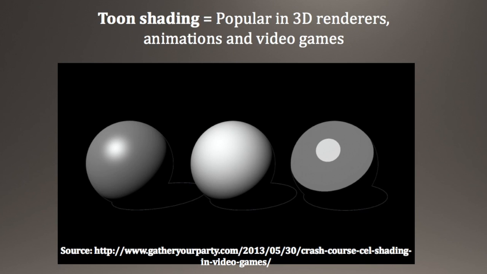The furthermost right sphere is shaded with what is generally accepted as cell or toon shading. If we look at it closely, you can notice that both shadow and light drawn onto the material have hard edges and do not feature a soft gradient like in the other two examples.